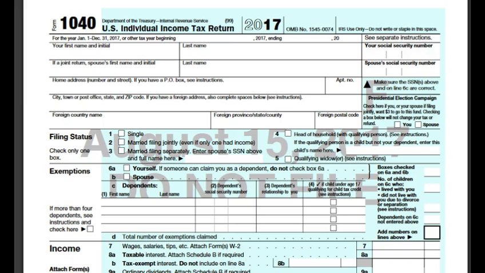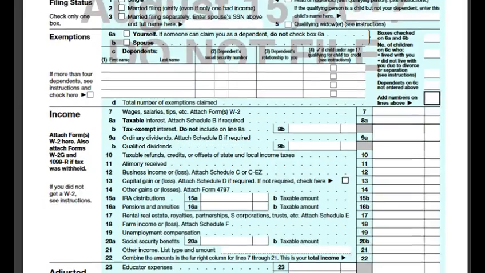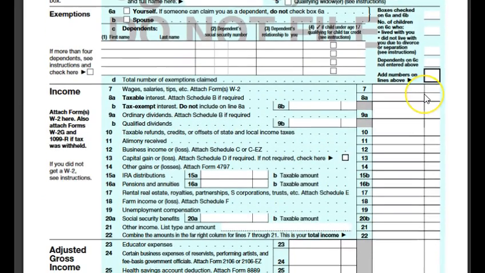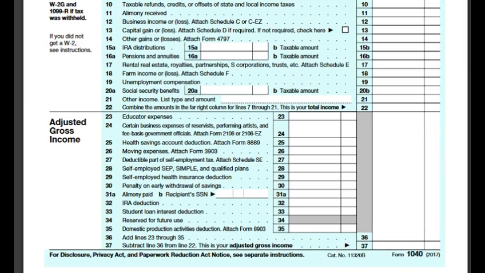Let's take a look at the 1040 and find out exactly where we are in relation to what we've learned. We've learned about where we put the information about our clients, filing status, exemptions, and income. Now, adjustments come into play as a reduction of gross income.